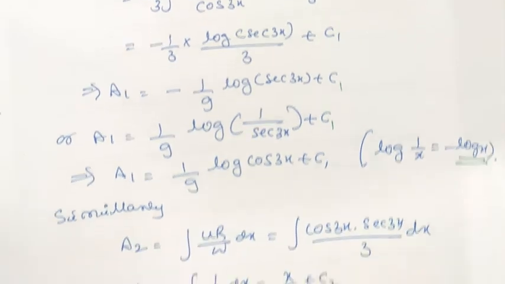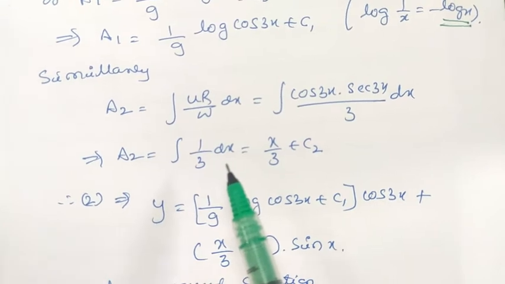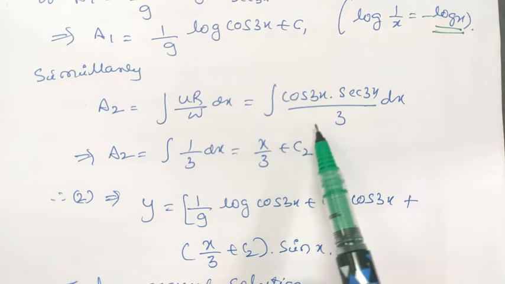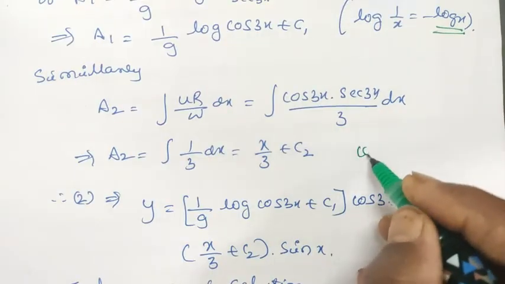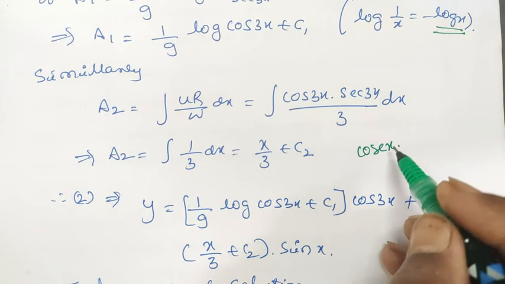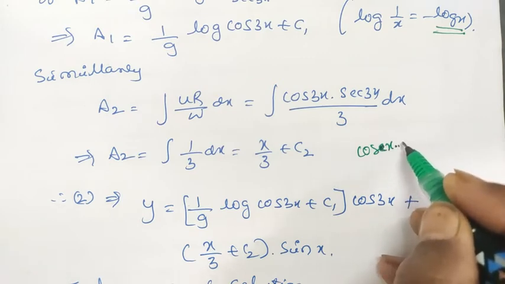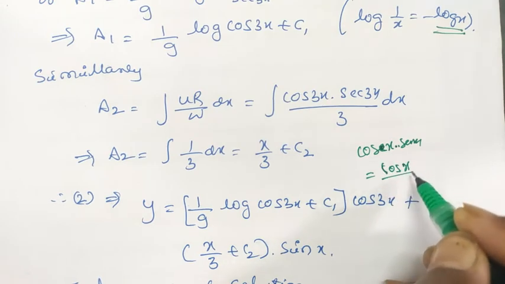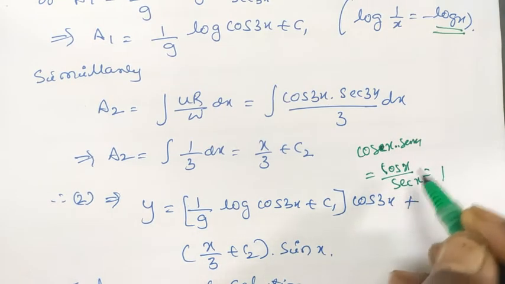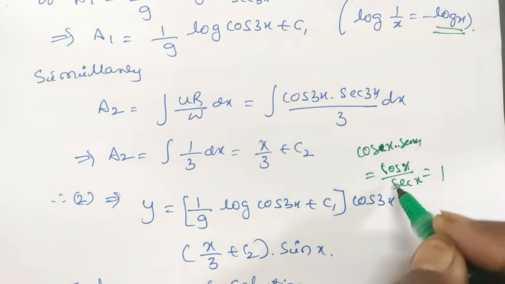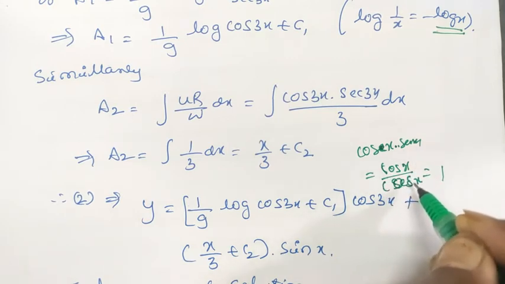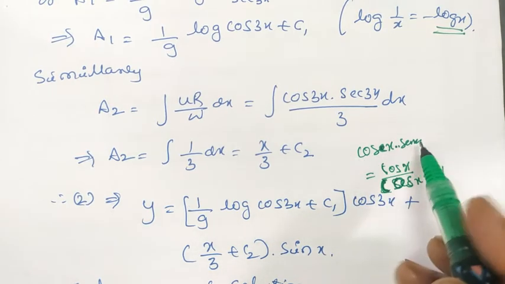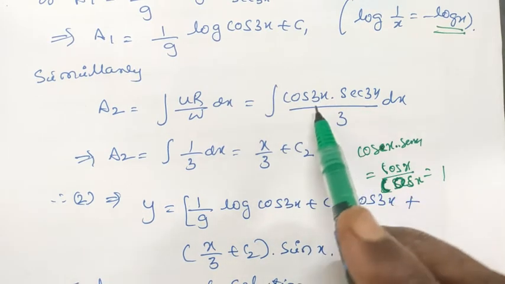Similarly, we can find a2. a2 is integration of u r divided by w. So it is integration of cos 3x into sec 3x divided by 3 dx. You know, cos and sec are reciprocals of each other. So cos 3x into sec 3x is 1.